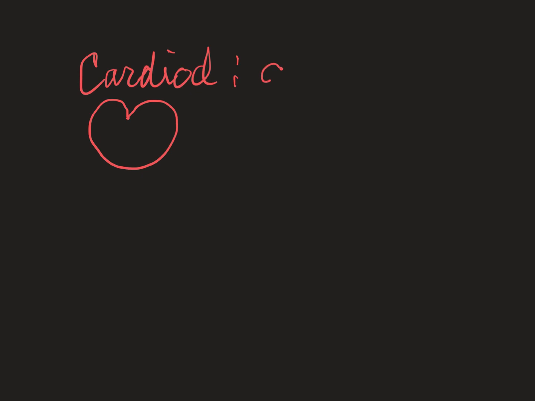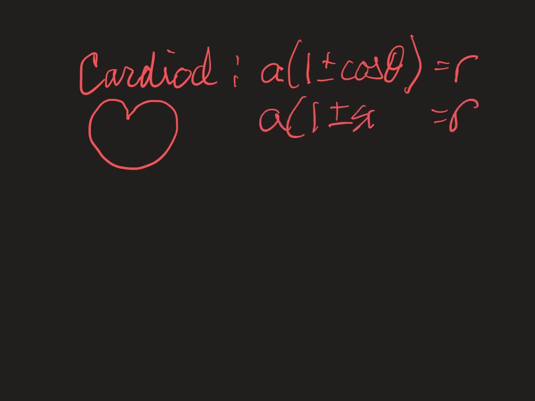They have A times 1 plus or minus cosine theta equals R, or A times 1 plus or minus sine theta. And then the cosine ones are turned sideways, so they look like this.